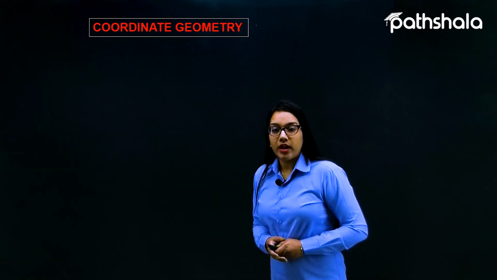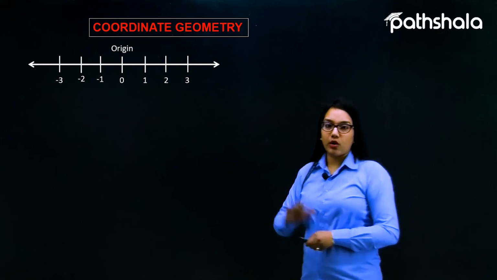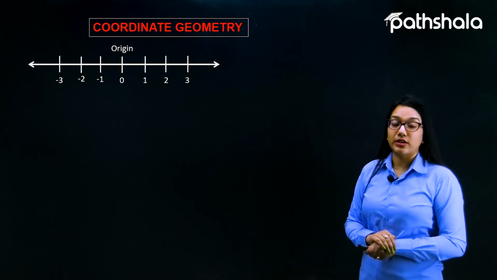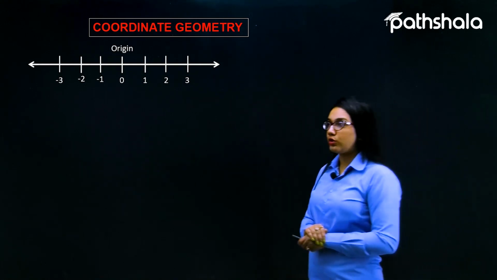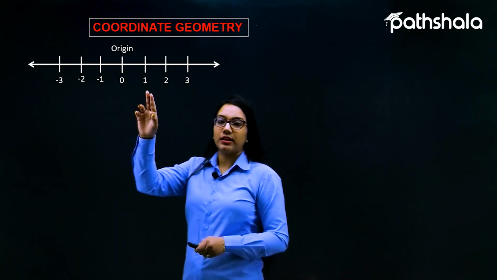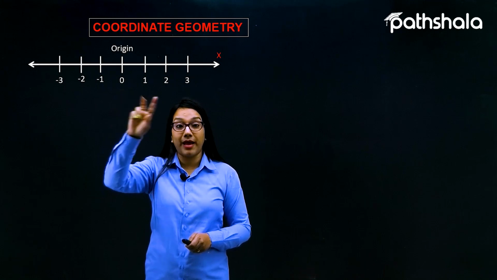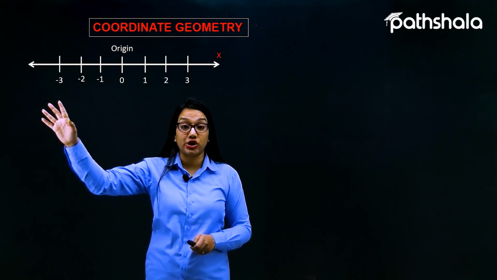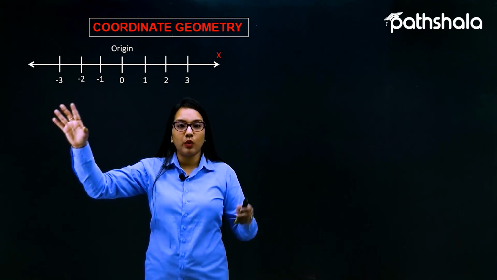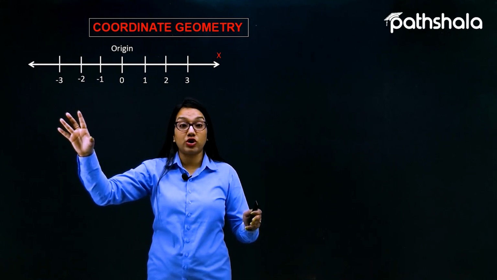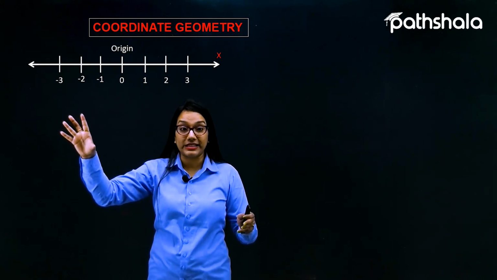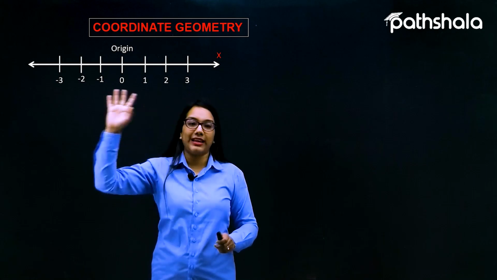Furthermore, if we are talking about this particular horizontal line, we know that this point O is called the origin, and now let us suppose we are calling it x dash. Always remember to call the horizontal line, which is also called the x-axis, x dash.